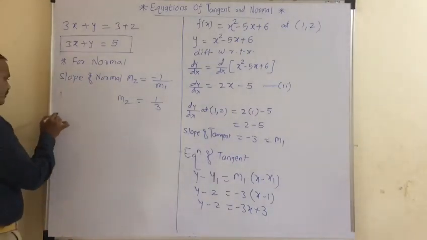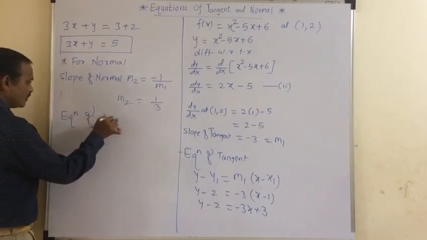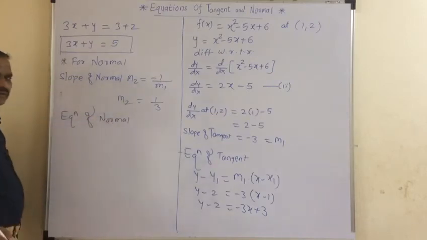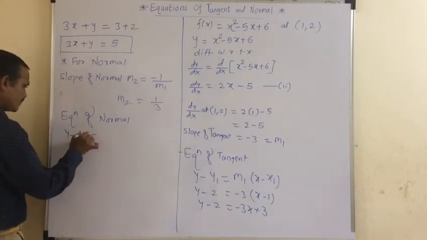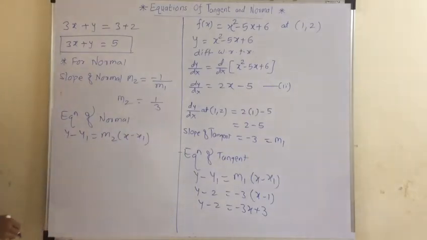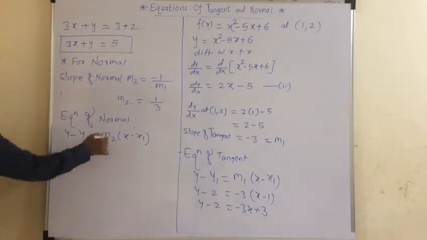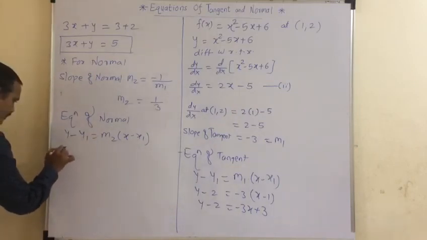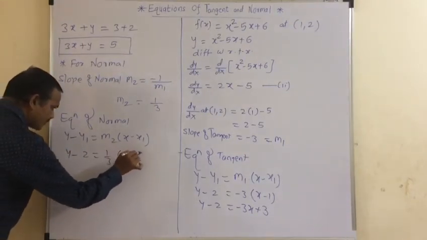Now finally we find equation of normal. So we write as y minus y1 is equal to m2 into bracket x minus x1. Now put the given points and slope m2, y minus 2 is equal to 1 upon 3 times x minus 1.